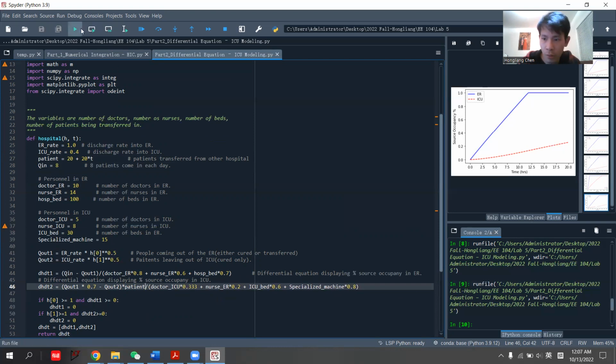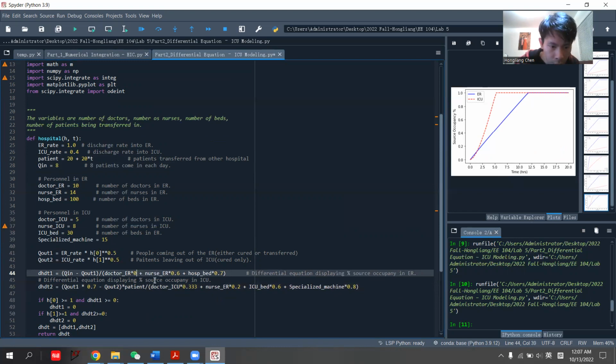Let's plot it out. If not many people are going to the ER room, and all the people are being sent to the ICU, let's plot it.